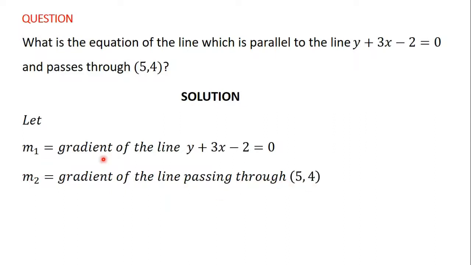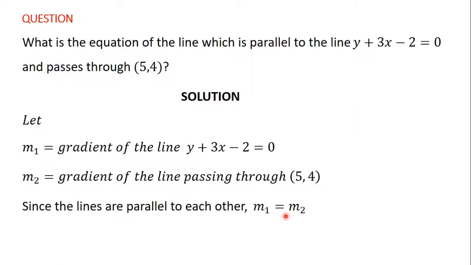We have seen that if the line y + 3x - 2 = 0 is parallel to the line that passes through the point (5, 4), then the gradient of the line y + 3x - 2 = 0 is the same as the gradient of the line that passes through the point (5, 4). It means that m2 is equal to m1 since the two lines are parallel to each other.